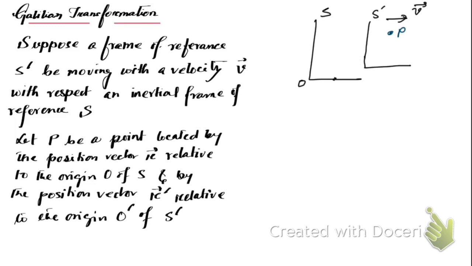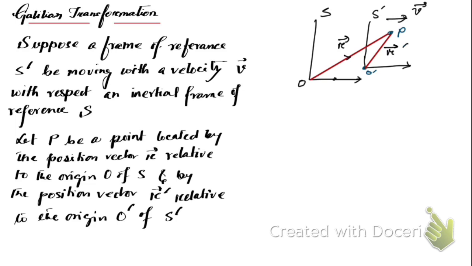O dash is the origin of S dash. The position vector of this point P with respect to the origin O is vector R, and the position vector of P with respect to the origin O dash is R dash vector.